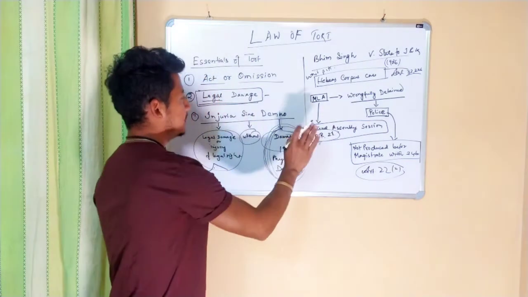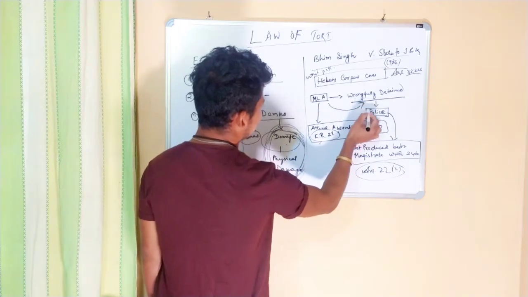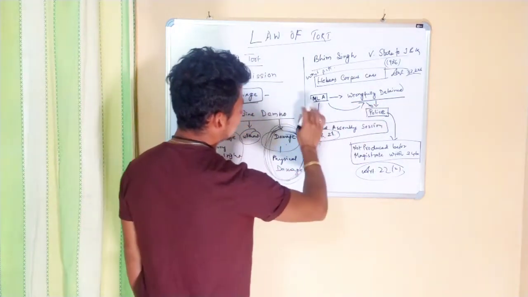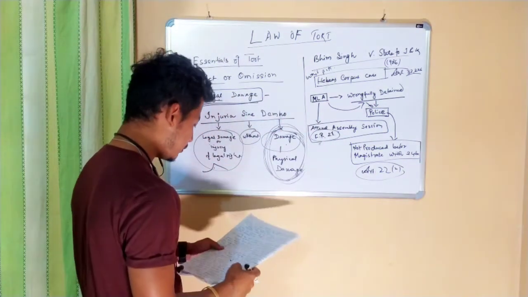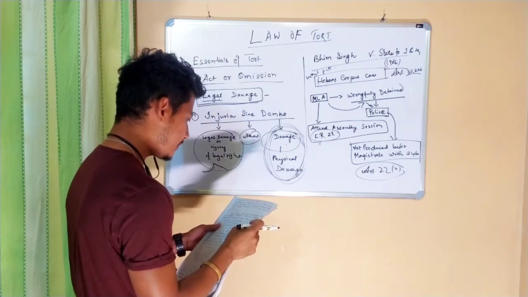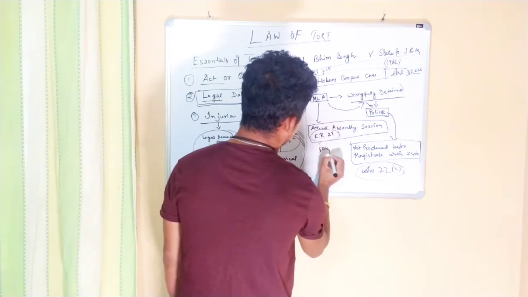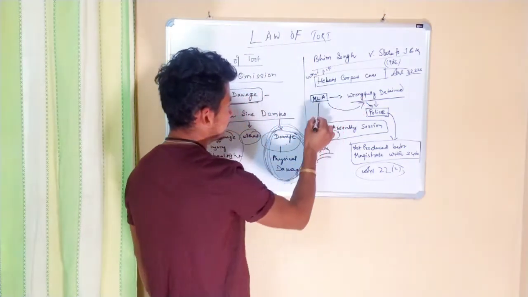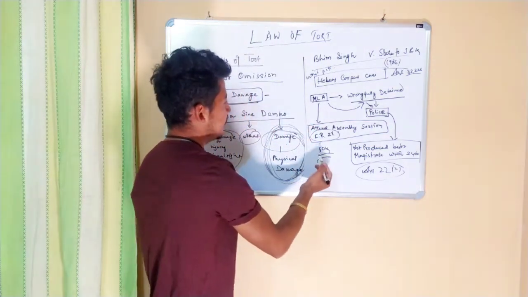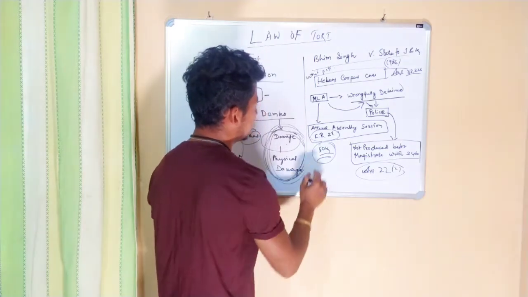But the court held such detention wrongful and held the state liable to pay compensation. The compensation amount was 50,000. So Mr. Bhim Singh, the MLA of Jammu and Kashmir, won the case, and the state was held responsible to pay compensation of rupees 50,000.